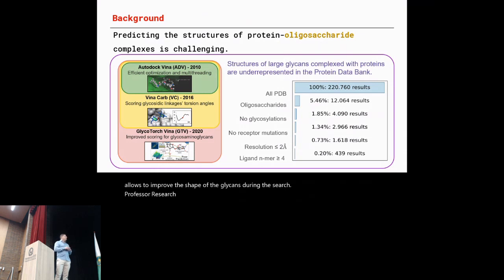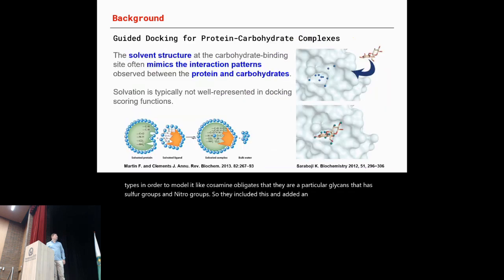Then in 2020 appeared GlycoTorch Vina. They created a branch of Vina Carb and included new atom types in order to model glycosaminoglycans, which are particular glycans that have sulfur groups and nitro groups. So they included this and added an extra term to the scoring function.